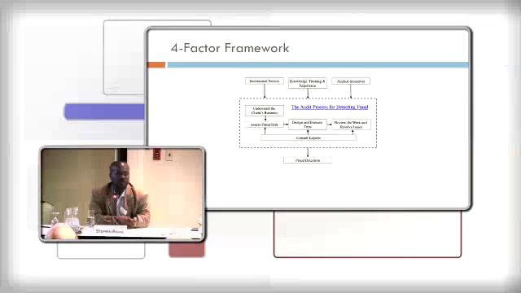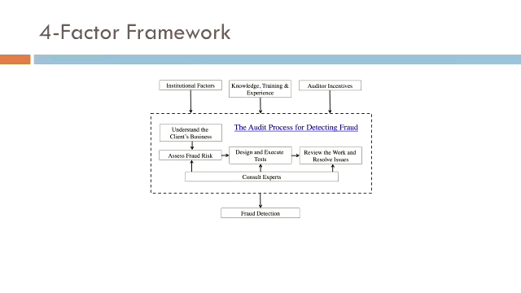And sometimes if you have to consult, you consult, and then ultimately you decide whether there's fraud there or not. If there is a failure in that process, that's what we are referring to as the audit process. And then over there at the top are the institutional factors, the knowledge, training, and experience, and then the auditor's incentives. So they impact the process, and that affects how well you can or cannot detect fraud.